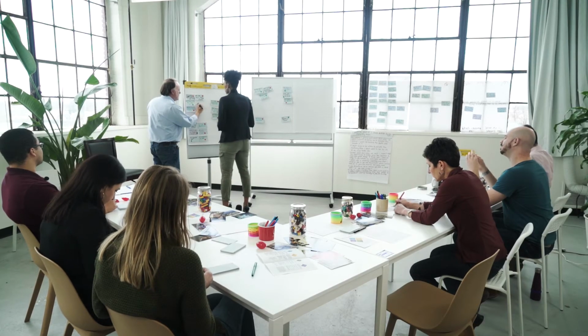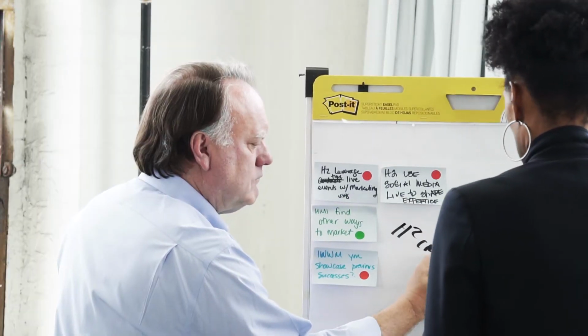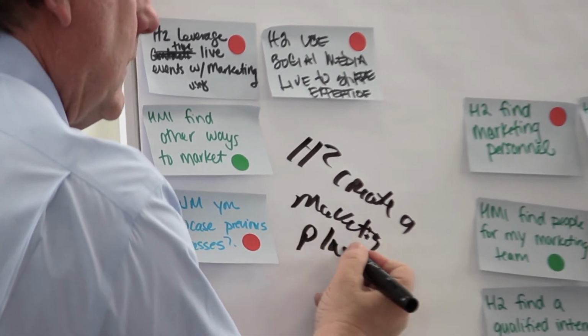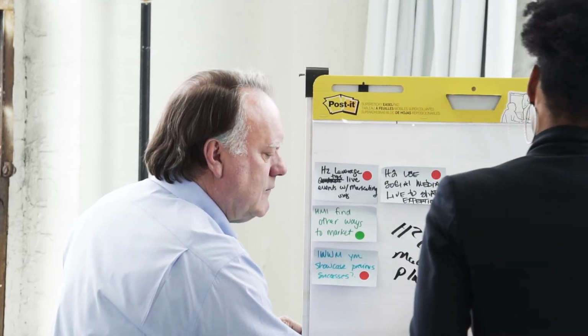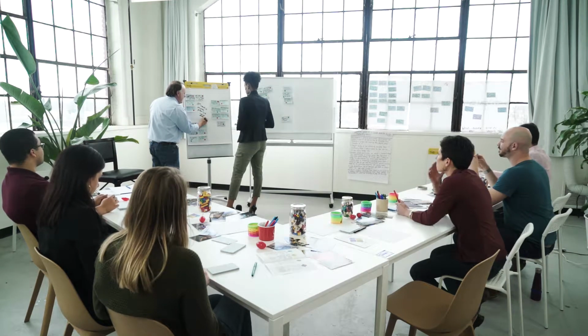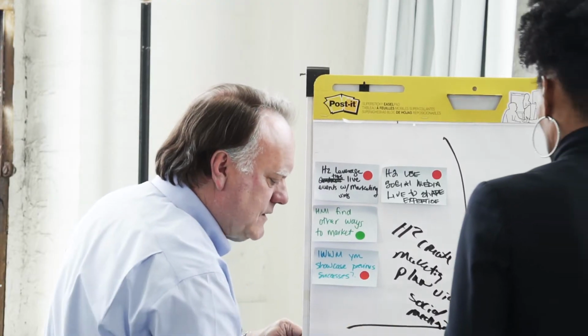How to create a marketing plan. Via social media. Via social media, great, excellent. Great, okay, good.